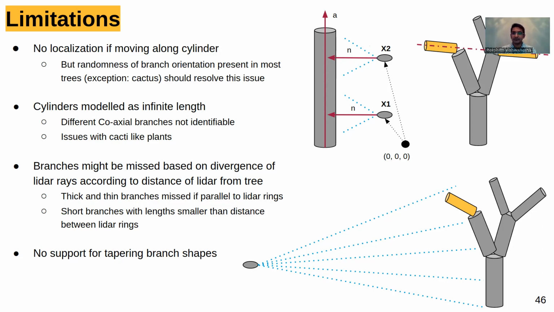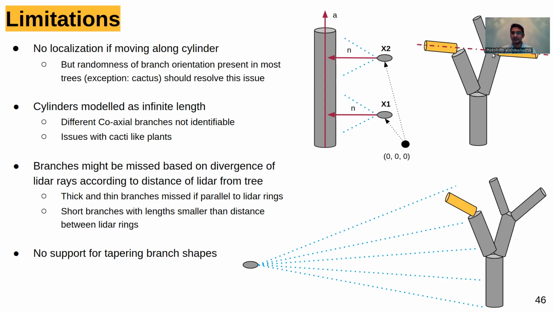Another kind of issue that could appear is that cylinder parameterization does not account for the endpoints of the cylinder. So without having an external script to keep track of cylinder endpoints, if two branches were collinear with each other, so a branch on the left and a branch on the right were along the same axis, when a scan from the left side of the tree is obtained, this branch would be identical to the branch when looked at from the right side.